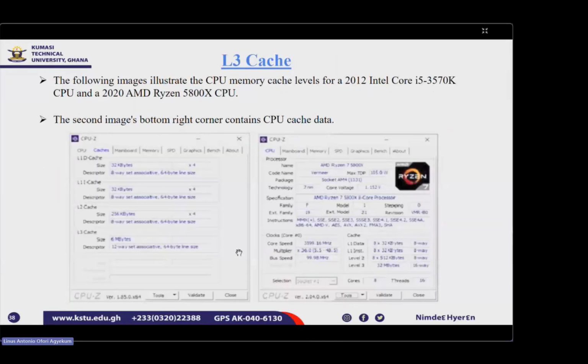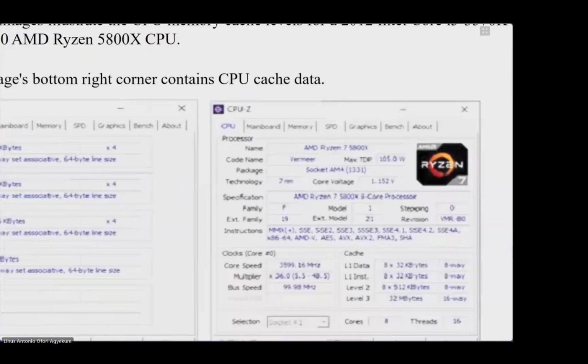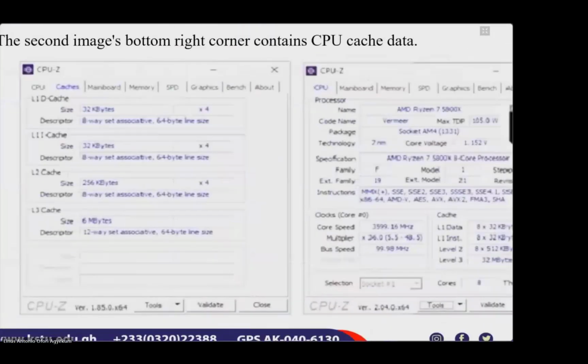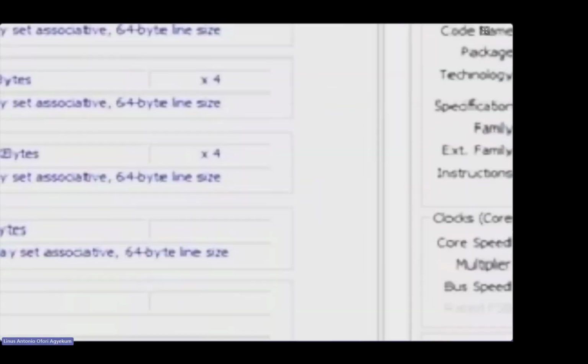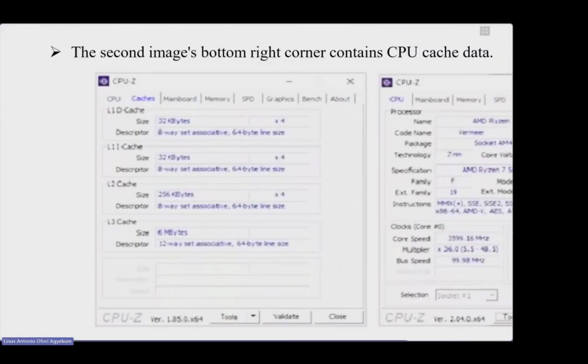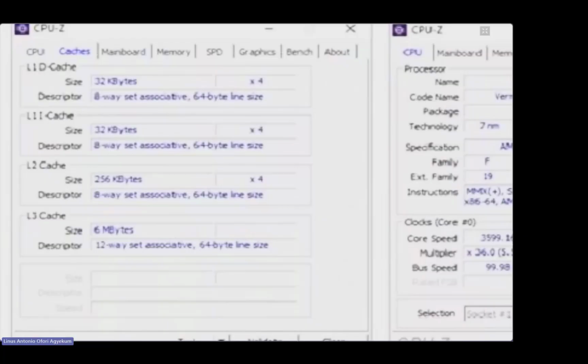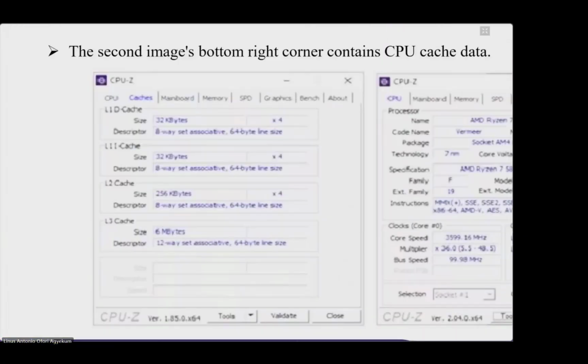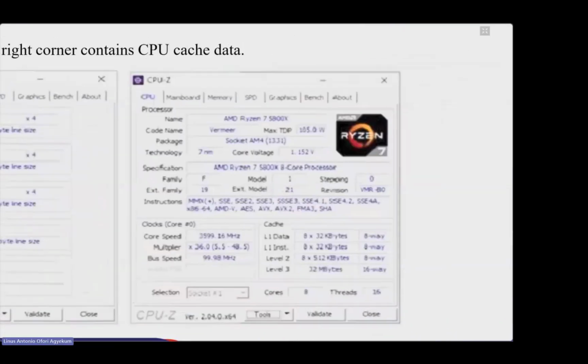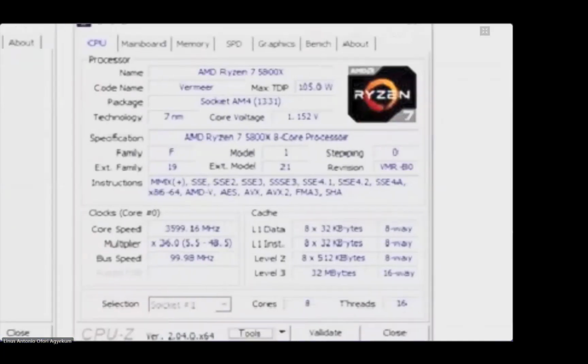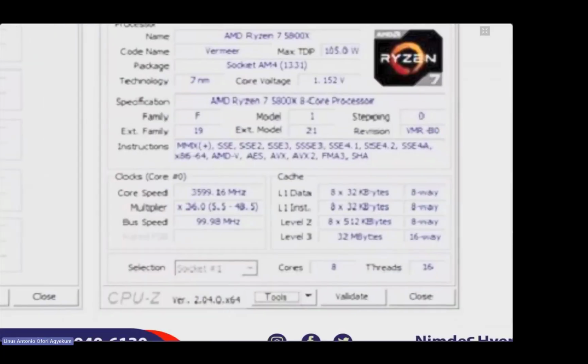You mean this, right? Yes, sir. I'm trying to enlarge it, but when I do, it pixelates. Because it was a screenshot taken from somewhere, it's not too clear.